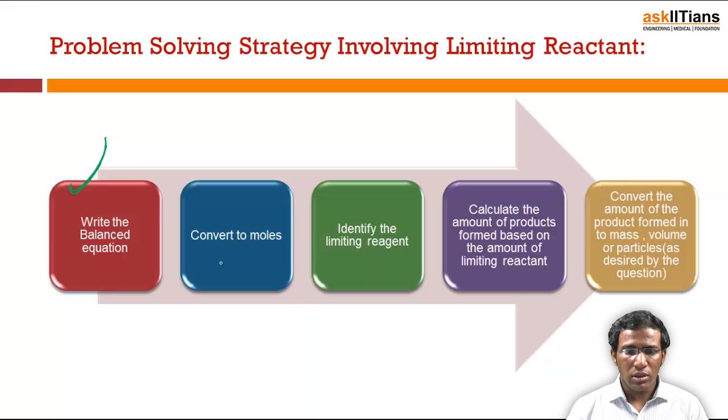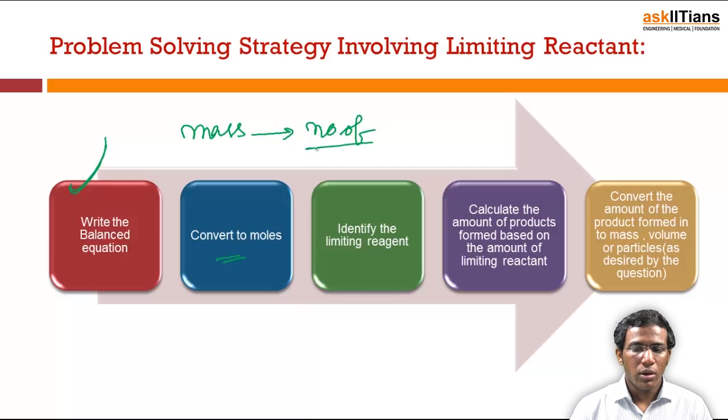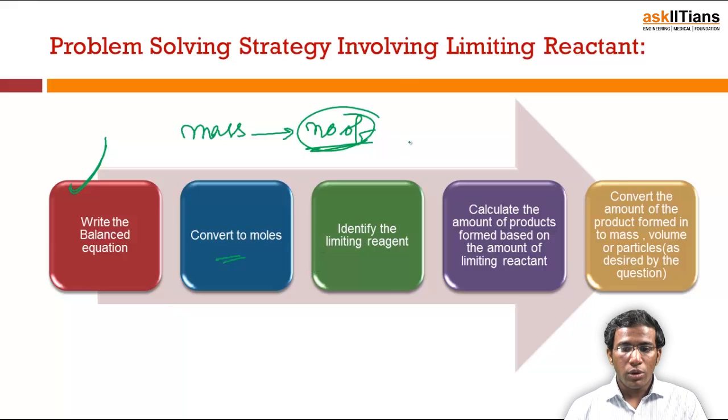From the balanced equation, convert into moles. That means, suppose the masses of the reactants are given, convert those masses of the reactants into number of moles. It is essential to convert the mass into number of moles, and from the number of moles you can identify the limiting reagent, which I discussed in the previous case.